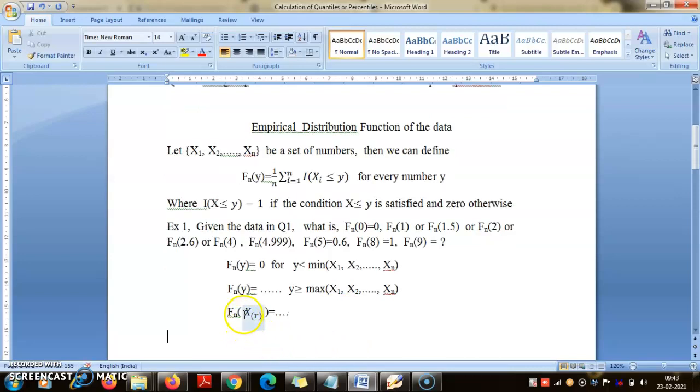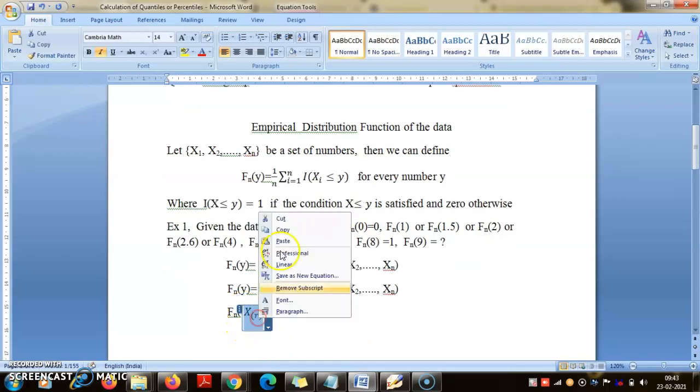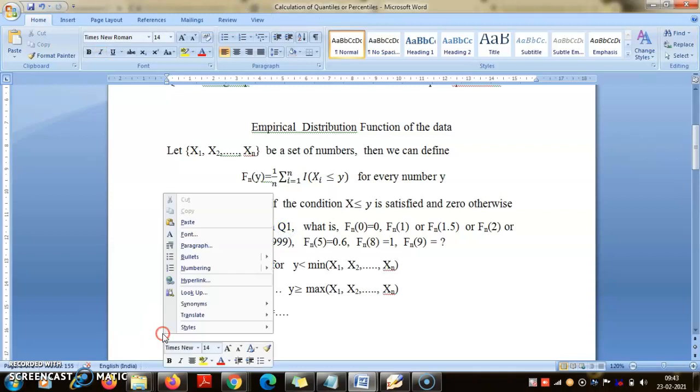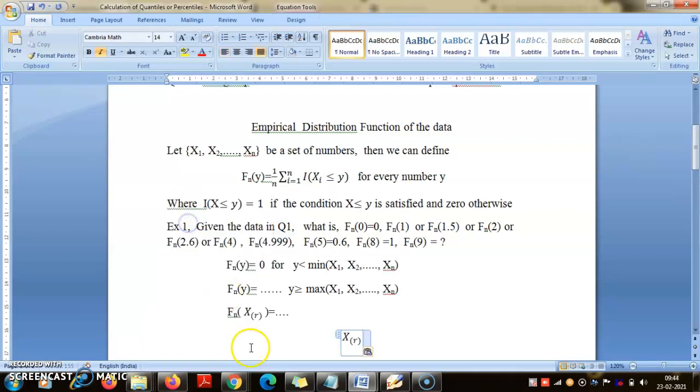So remember, what is this quantity? This is the rth order statistic.